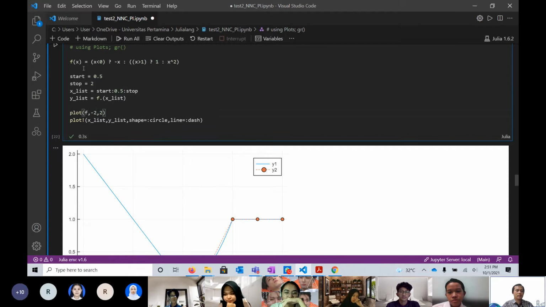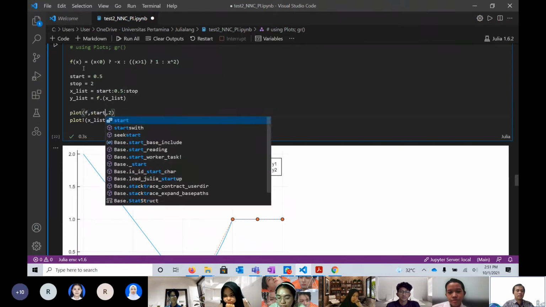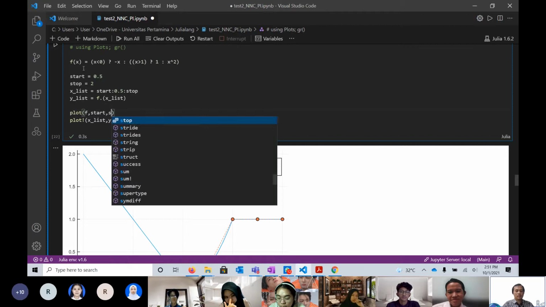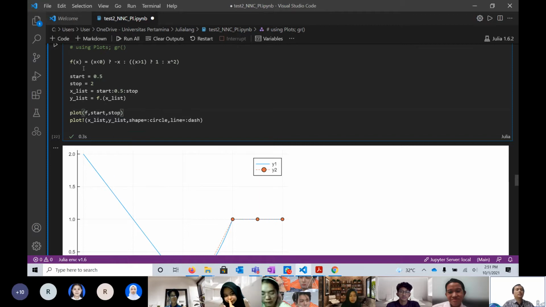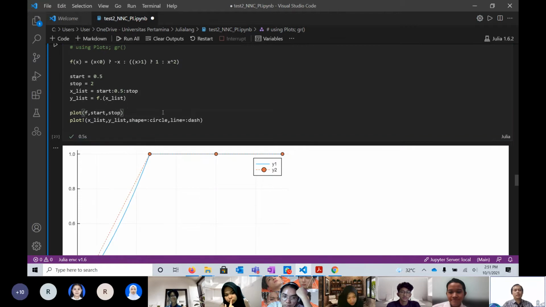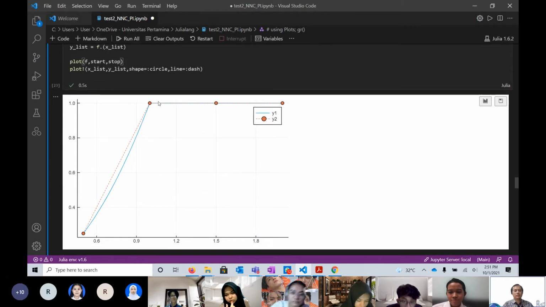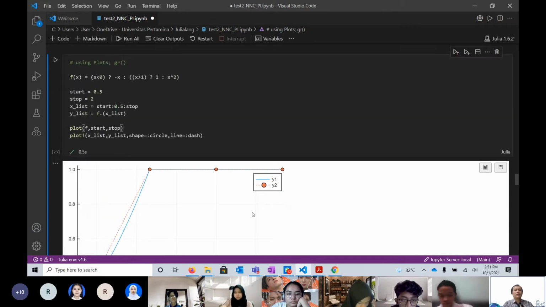Also in this plot, we change it to start and stop. If we are asked to draw only from 0.5 to 2, then the plot will be different. The plot will look like this, because we only need to plot it from 0.5 to 2.